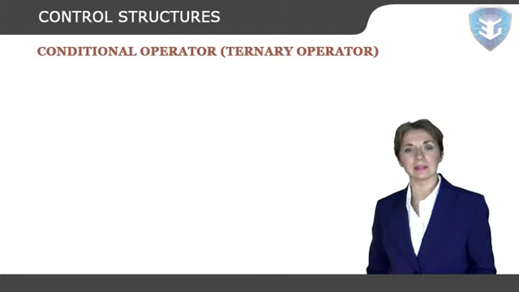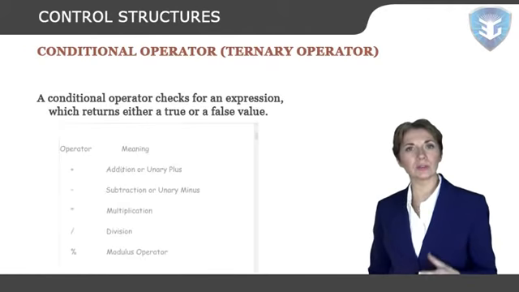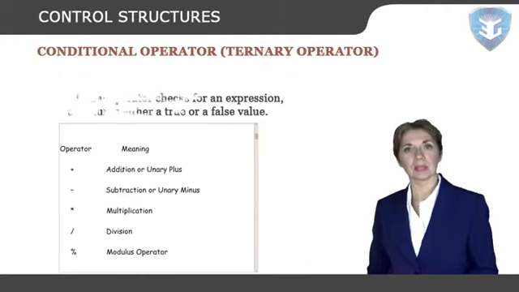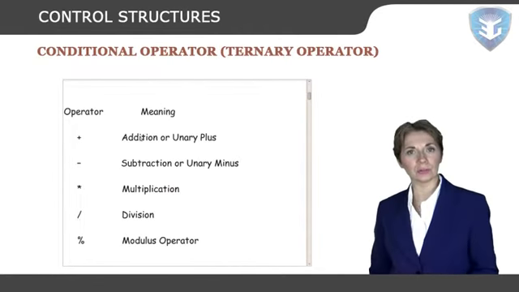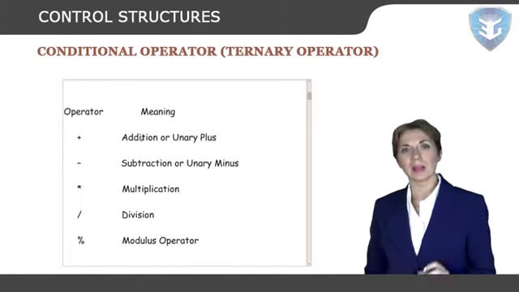The output is as shown here. Let's now discuss the conditional operator or ternary operator. A conditional operator checks an expression which returns either a true or false value. If the condition evaluated is true, it returns the value of the true part of the operator. Otherwise, it returns the value of the false part of the operator.